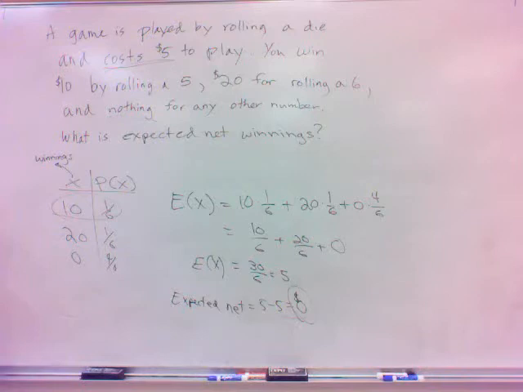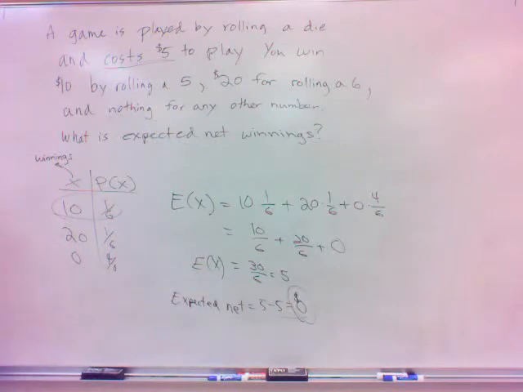Now I bring this one up because what does that mean as far as the game is concerned? Well, doesn't that mean this is a pretty fair game for either side? Neither side is favored. If you expect to average winning nothing, then the player doesn't make anything, neither does the person running the game.